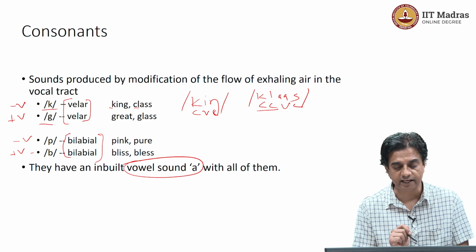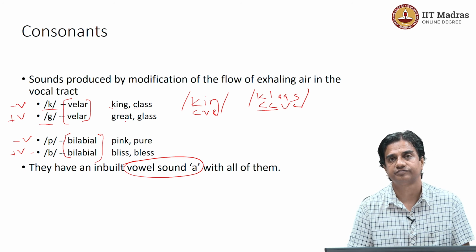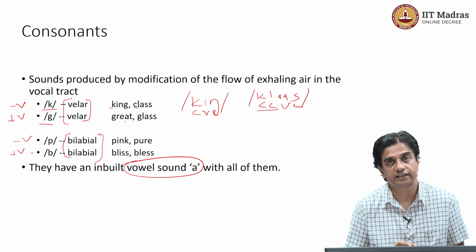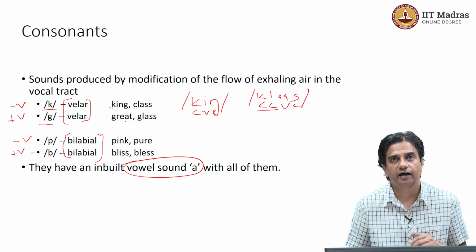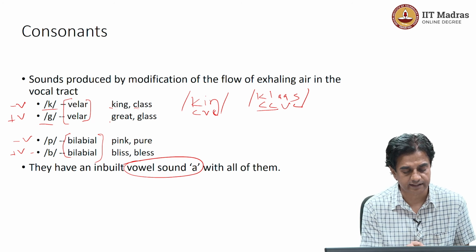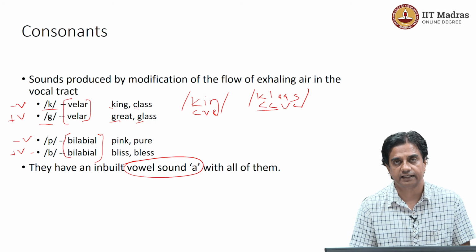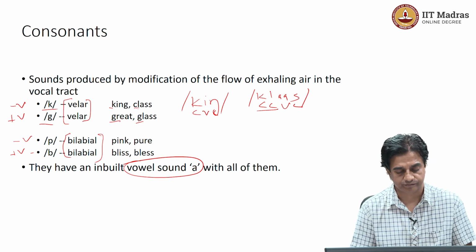When you look at the second one, great, you will see the first two sounds in this word, ga and ra, are again forming a cluster. We have seen this word glass, ga and la are making a cluster.